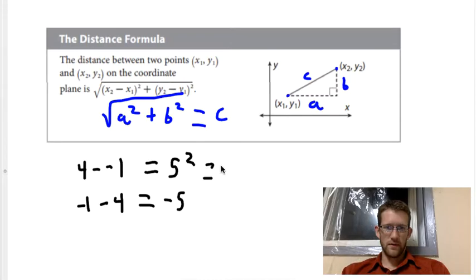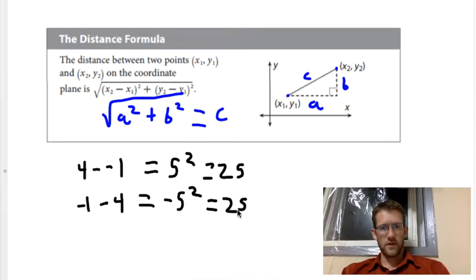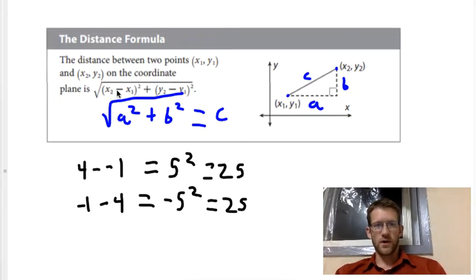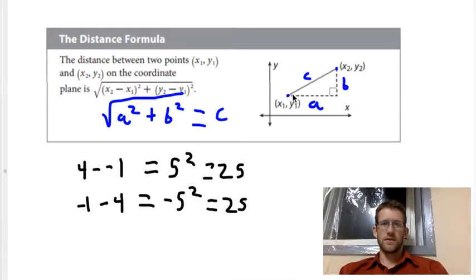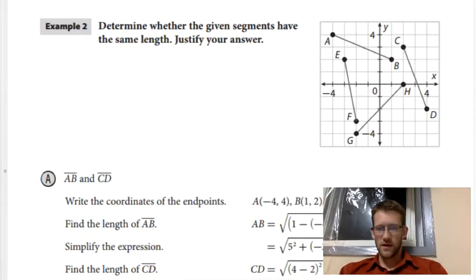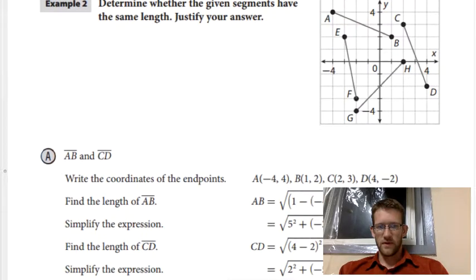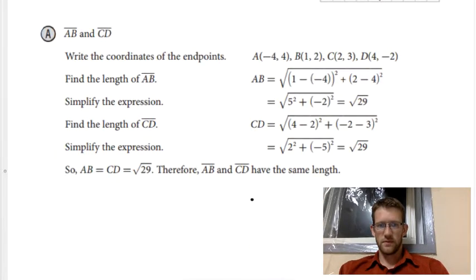What is 5 squared? 25. What is negative 5 squared? Negative 5 times negative 5 is equal to 25. So that negative will always disappear when we square it. So because we're squaring it, you could do x1 minus x2 or x2 minus x1. Doesn't matter. Just subtract the two x values to find a, essentially. Cool. So that's what we did here. We found 5.